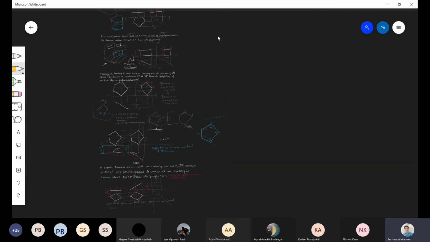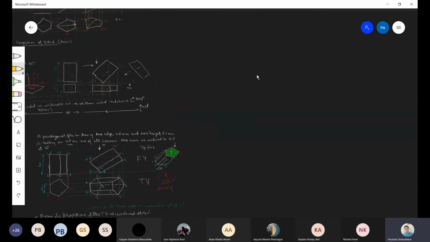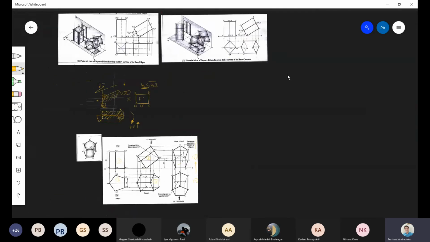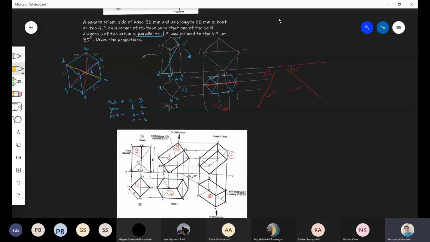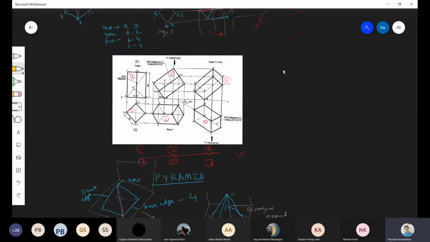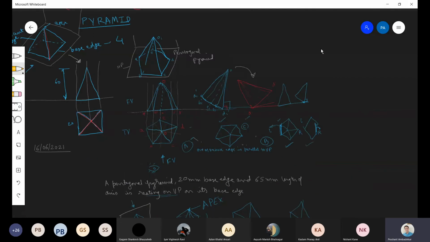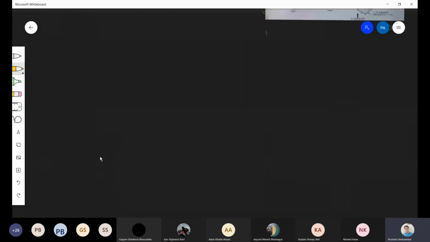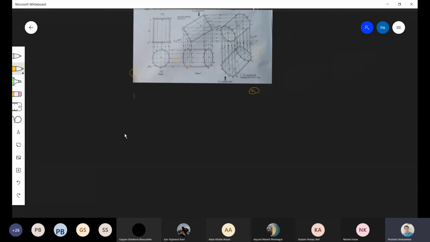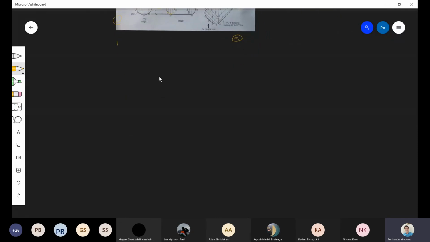A cone, base diameter 50 mm and axis length 60 mm, is kept on the HP on a point of its base circle. Tell me what will be the front view and top view?